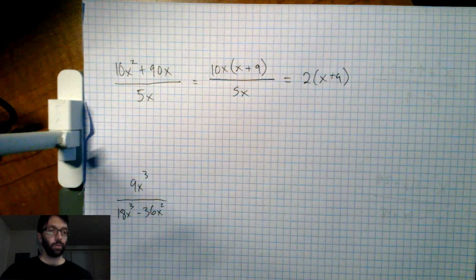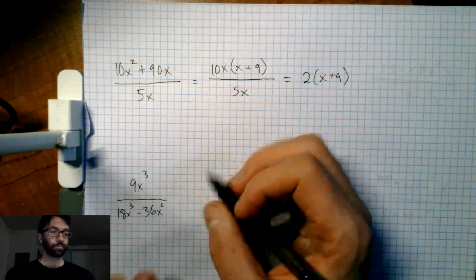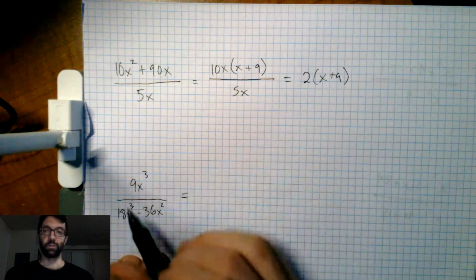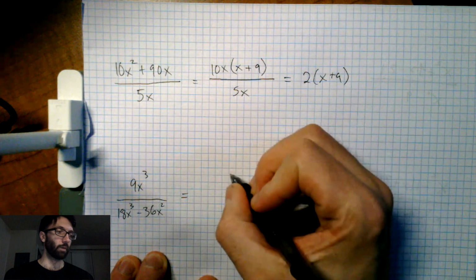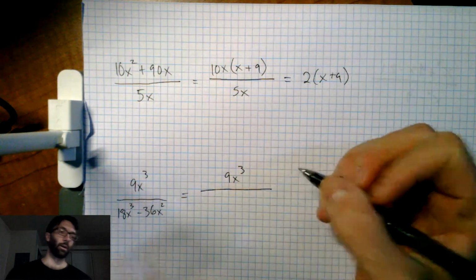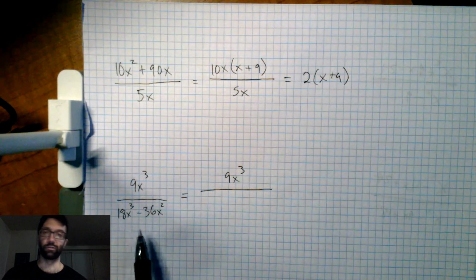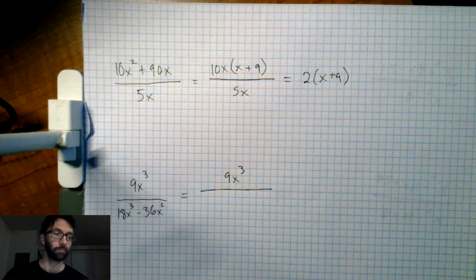And now similarly, again, we're going to treat the numerator and denominator separately. The numerator is fully factored, so I'm just going to go ahead and rewrite that. And now I'm going to look for a GCF, a greatest common factor, to factor out of the denominator.